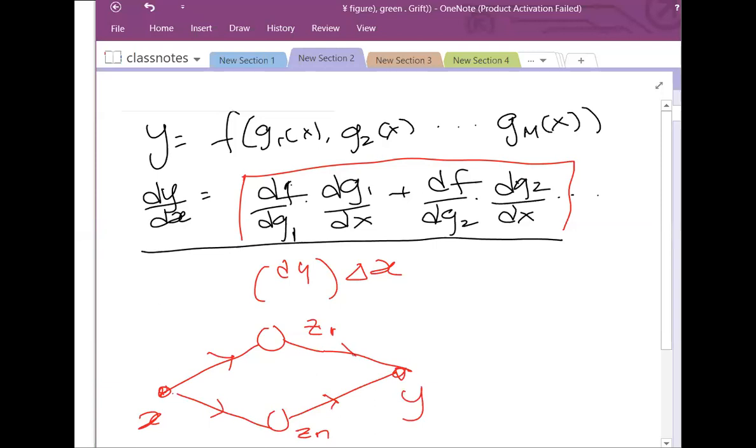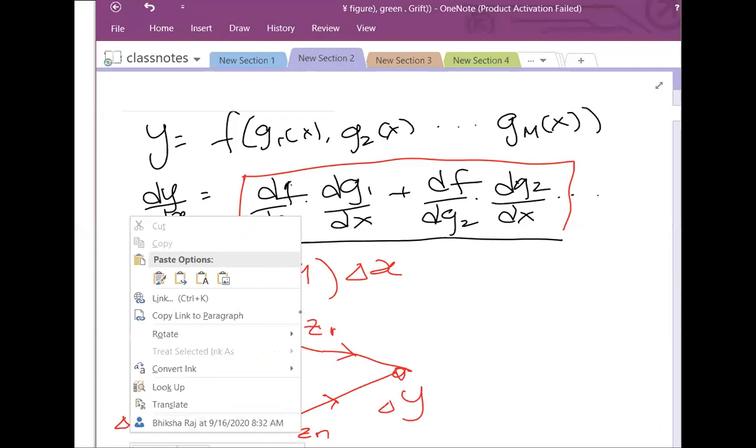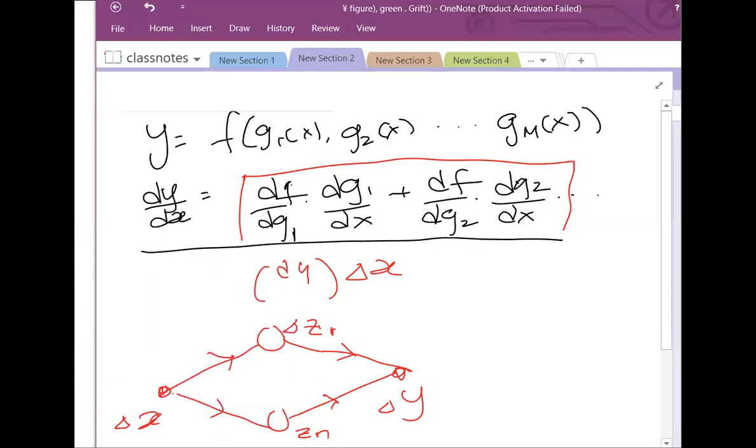We saw this diagram earlier in the last class as well. So how much does a small perturbation in delta x change delta y? A small perturbation in delta x is going to cause a small perturbation in each of these guys. And when you get fine enough, delta y is going to be the summation over i of delta zi, meaning the perturbation in y is going to be the sum of the perturbations that come through all of these lines.